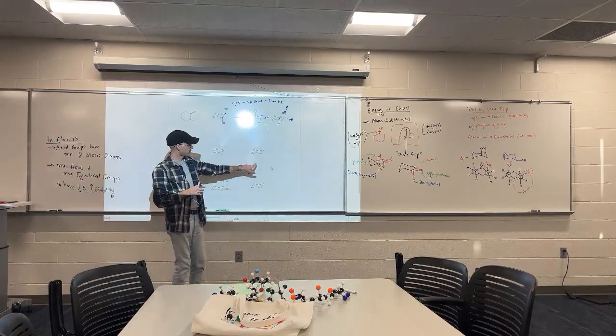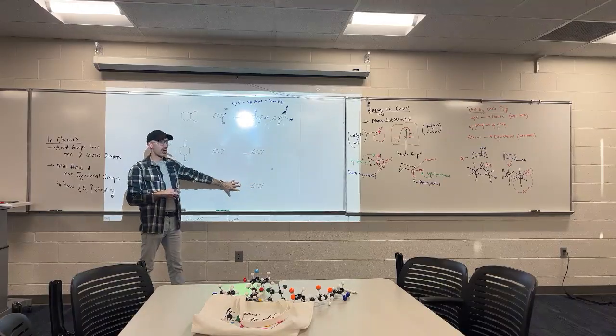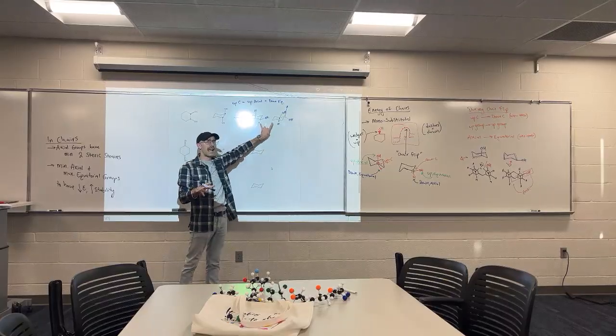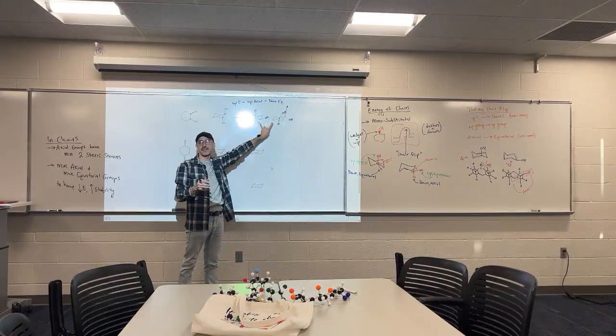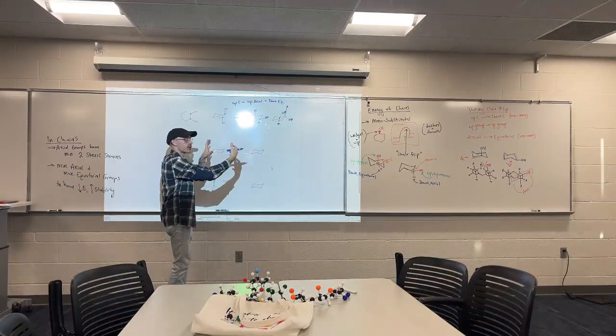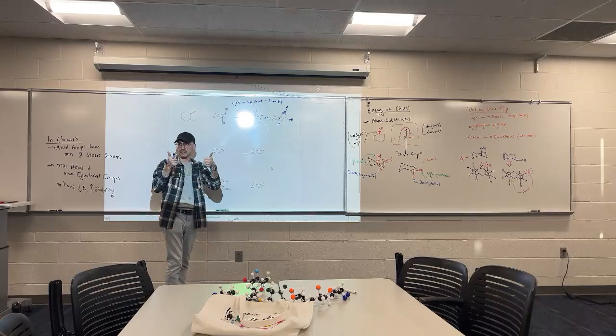Some of you down here and down here might have drawn the exact same conformation just from as different of perspectives as these two. These are exactly the same conformation. It just depends on how you took the first chair and rotated the groups. Sound okay?